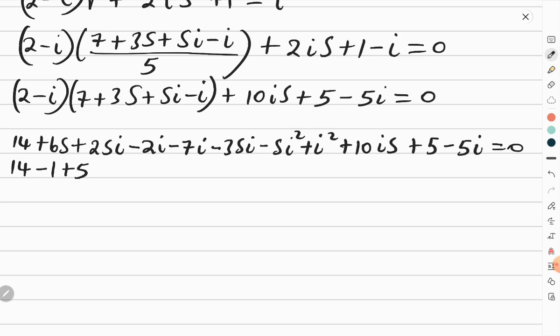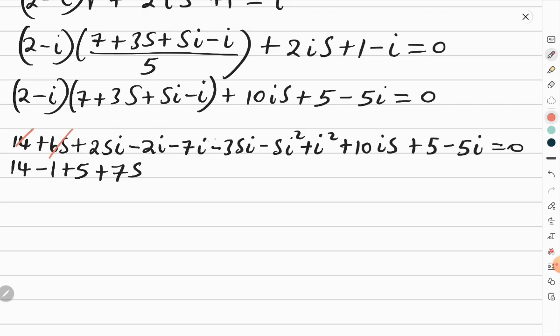Let's get into s. For example, we have 6s here. Then we also have this one, because negative s times negative 1 is just positive s. So we are having 6s plus s, which is just going to be 7s. So let's just say we are done with this one and this one.